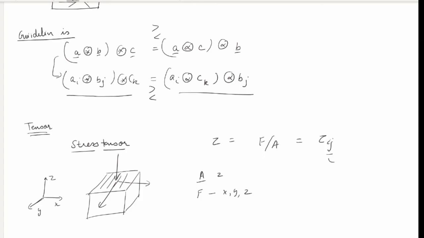The j is the direction of force and i is the direction of area. So this is how we would represent a tensor quantity, and a tensor of second order, tau_ij, will have 9 components, which we can write in the form of a 3 by 3 matrix, where we can write i and j in different directions.